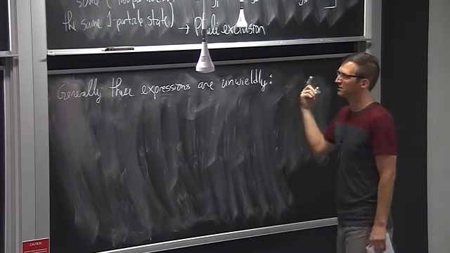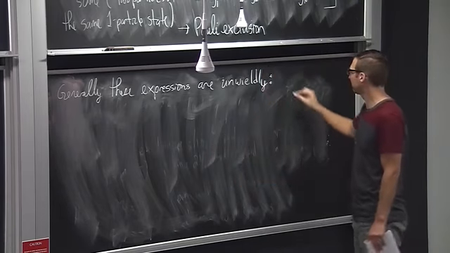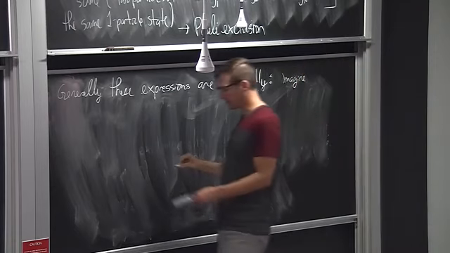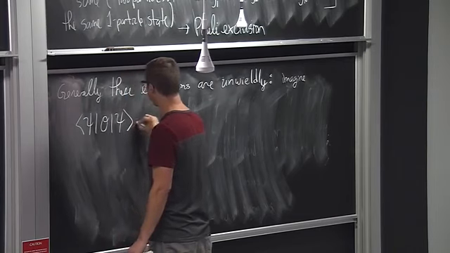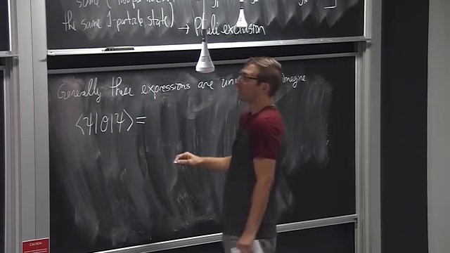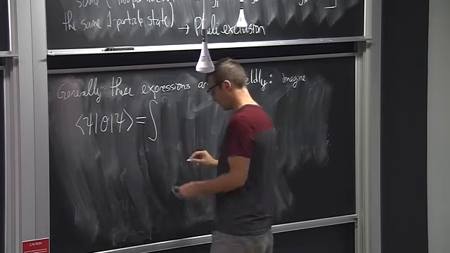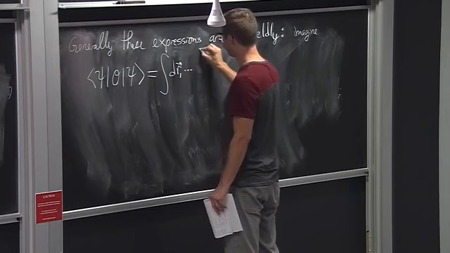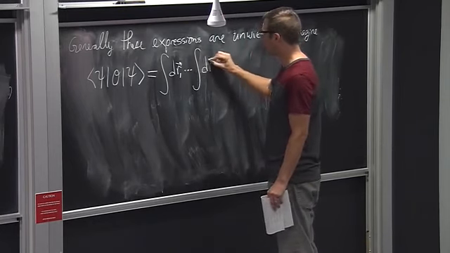As bad as this is, if you have an expectation value of a two-body operator, they get worse. So imagine an expectation value of some operator. You have a first quantized wave function, which means you have to integrate over all spatial positions of all the particles.